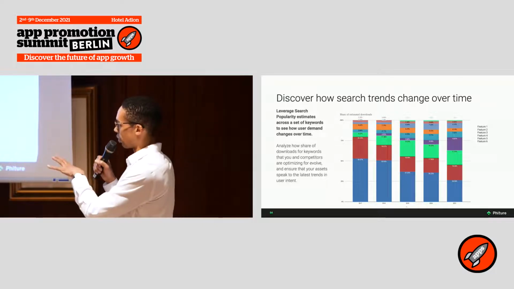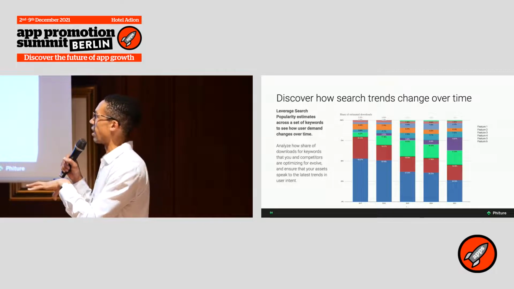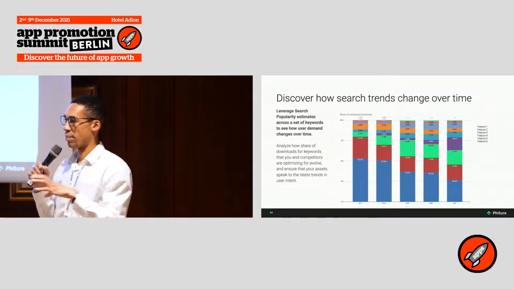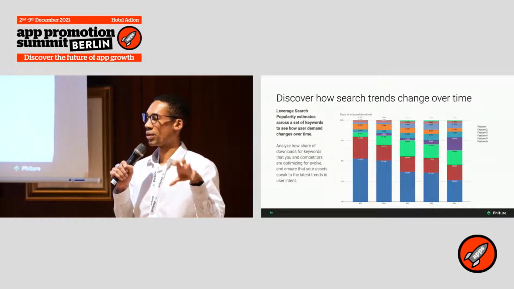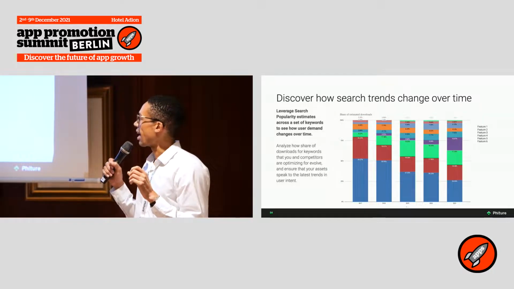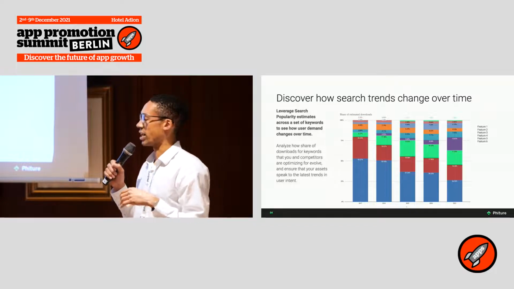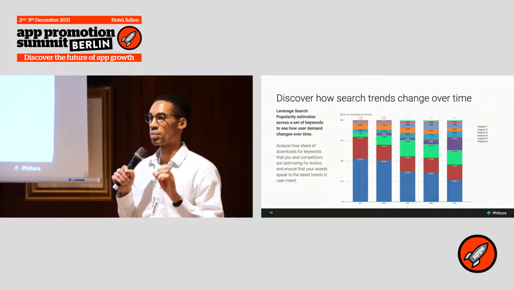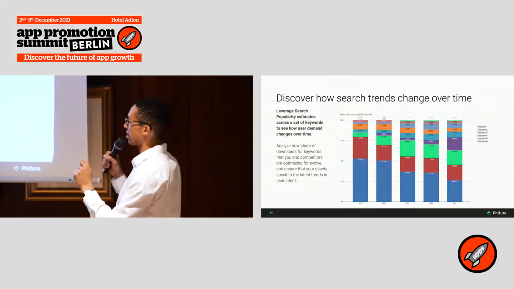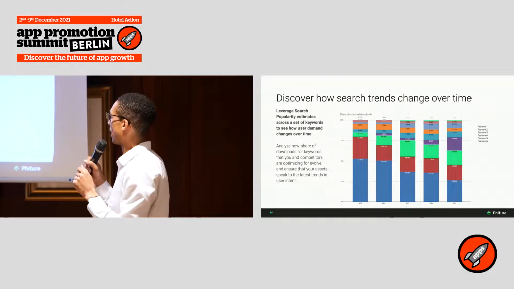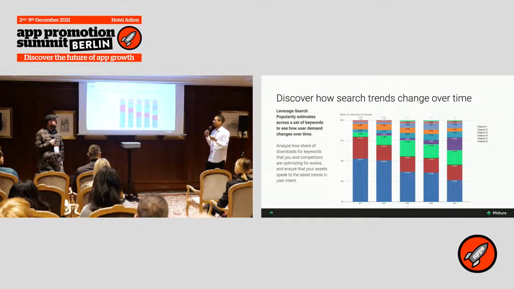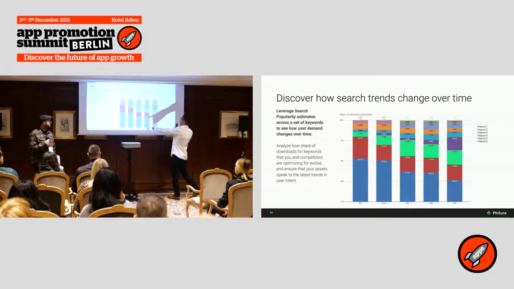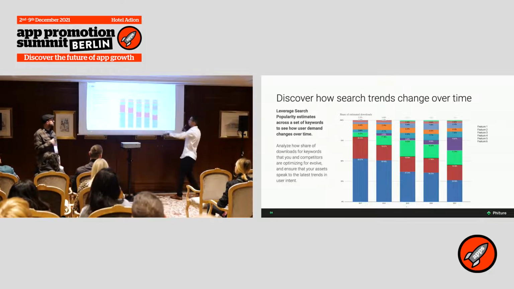And so what this is alluding to is that it's important to track a basket of keywords and group them into keyword groups, and understand how those keyword groups are changing over time. So put your relevant and related keywords in groups. Here, for instance, this is speaking to different features for this particular app, and we're looking at feature 6, which is the blue bottom bar, and feature 5, which is the red bar here.